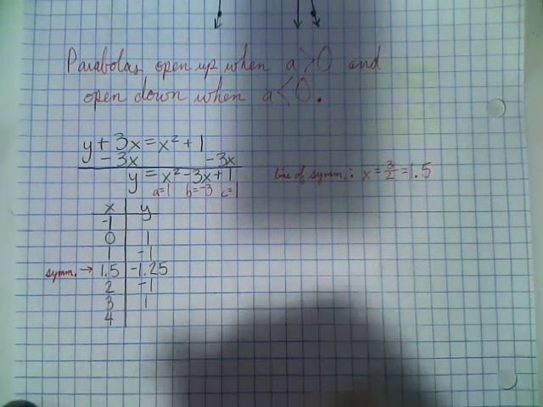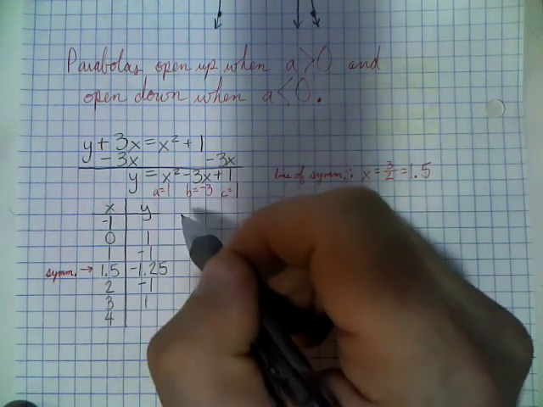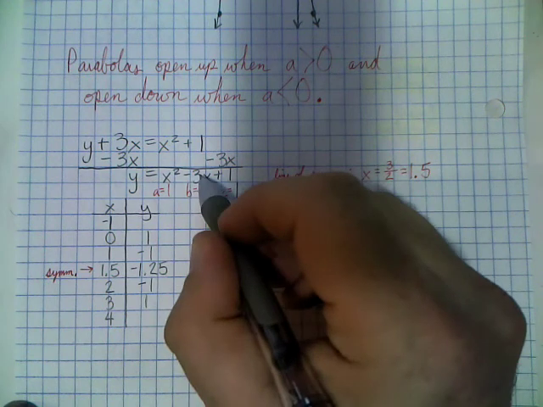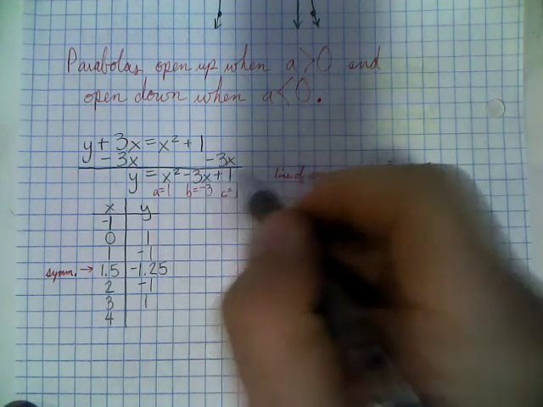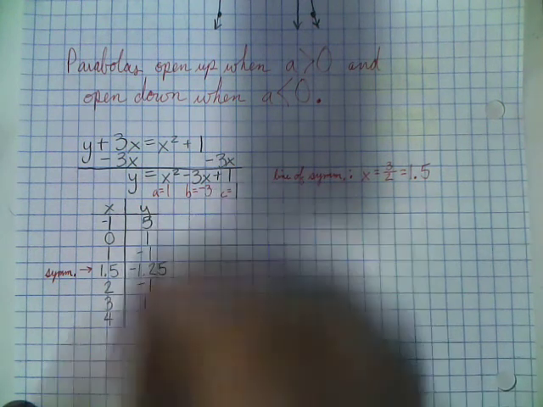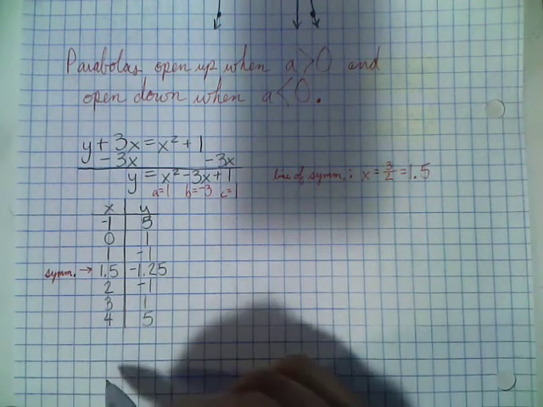And then finally, if I plug in a negative 1, negative 1 squared is 1. And then a negative 3 times a negative 1 would be a positive 3. So 1 plus 3 plus 1 is 5. And over here, 5. Now, I see the 5s, I got a 4 there.